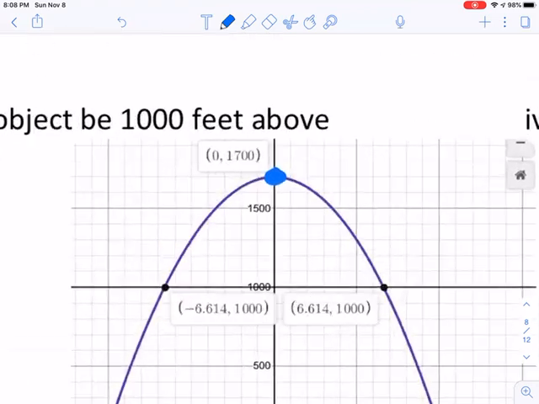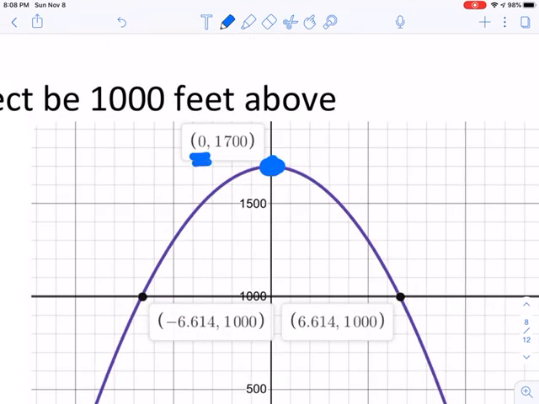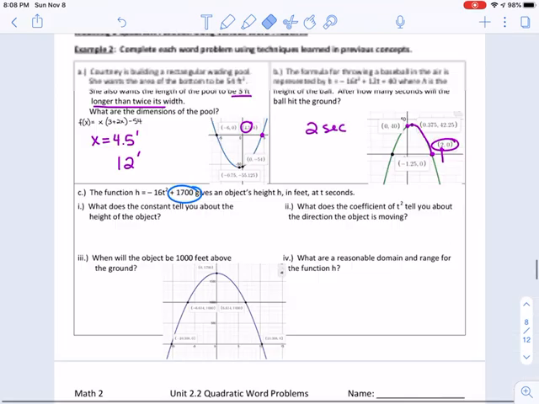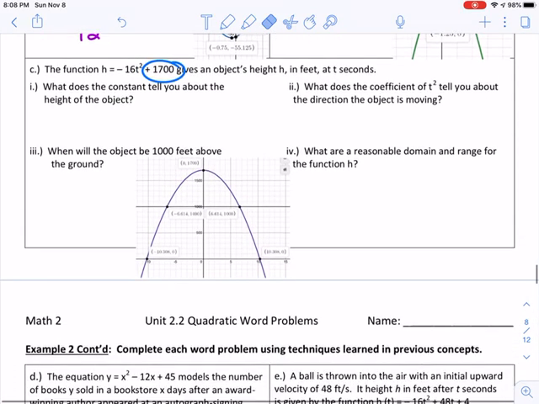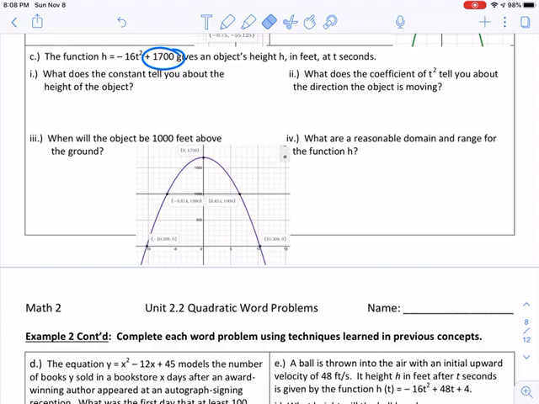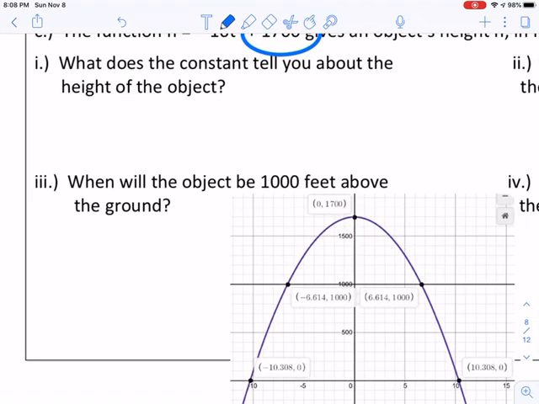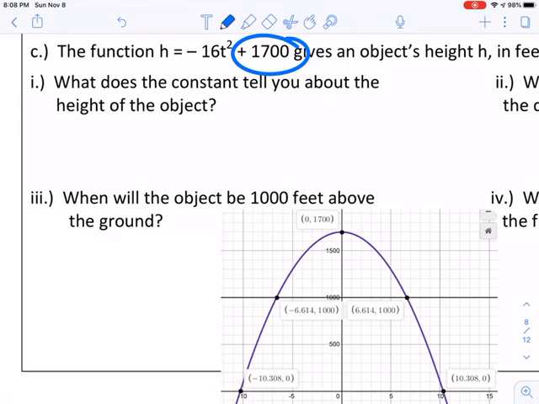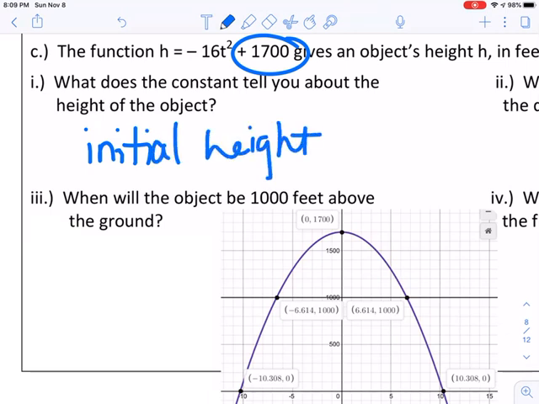So, since it's the y-intercept, that means time is 0. So that is at the very beginning, before it is thrown into the air or before it falls from whatever height. So this is its initial height, the start. The constant tells you the initial height.